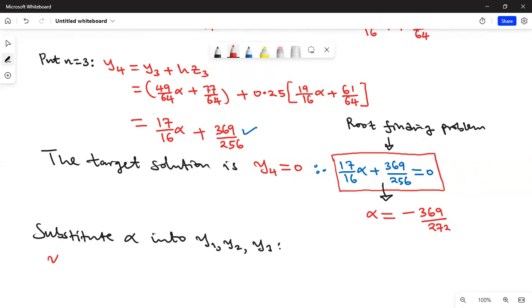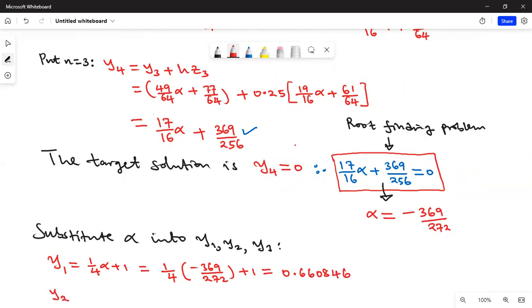Let's start with y1. Y1 is equal to 1 over 4 alpha plus 1. That will be 1 over 4, and our alpha is negative 369 over 272. This should be added to 1, and when you do that, you need to get 0.660846. That is correct to 6 dp.